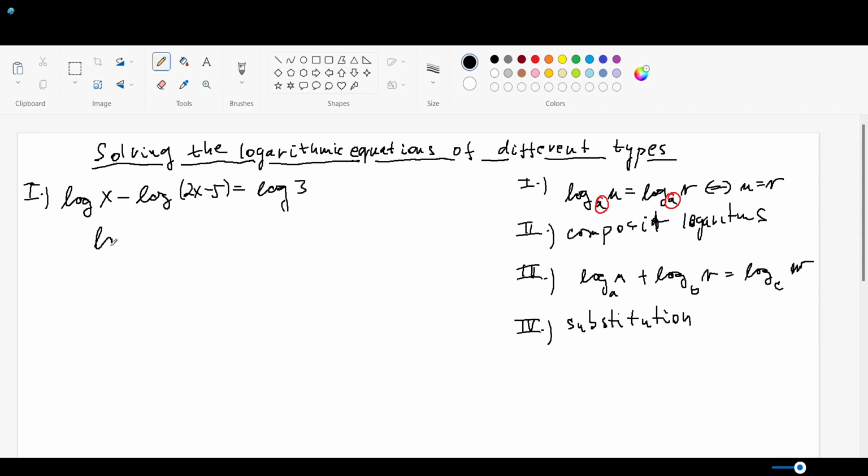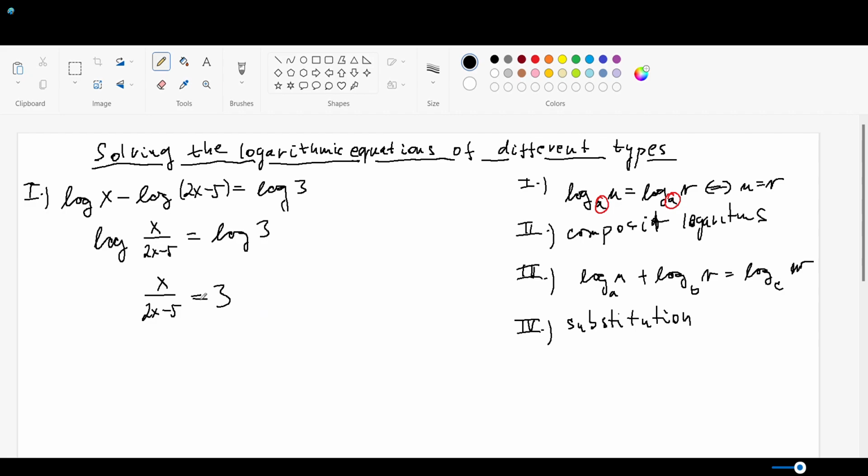So you can write the left side of the equation as log of x over 2x take away 5 is equal to log 3. As we already said before, if the bases are the same, then the arguments must be equal. So this is true if and only if the expression x over 2x take away 5 is equal to 3.